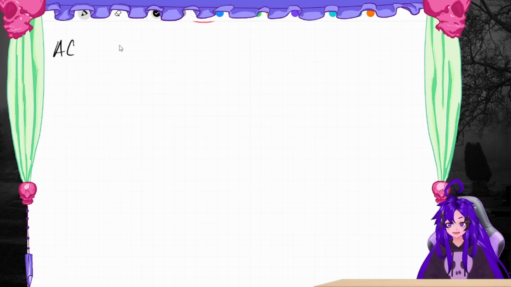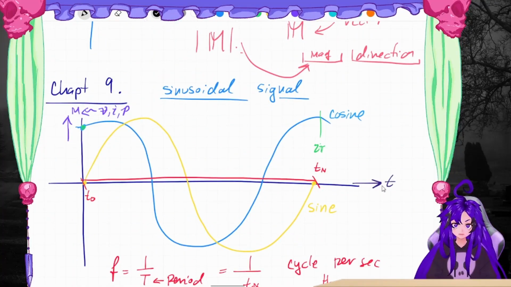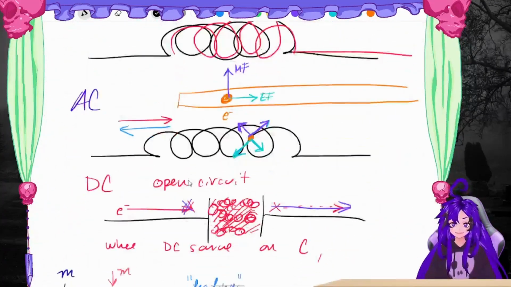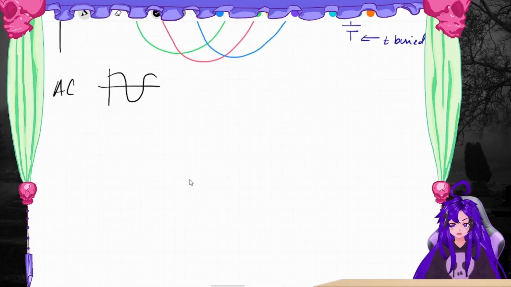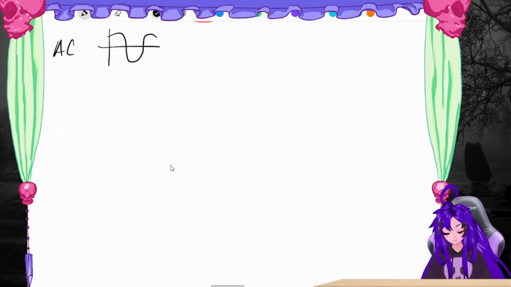AC requires us to admit that the signal might change. Once we are out of the time domain, the time domain being where t is on the x-axis, and we're into a frequency domain or a phase domain, we can start talking about impedances and things like that. And this kind of gets us into the more complex circuits.